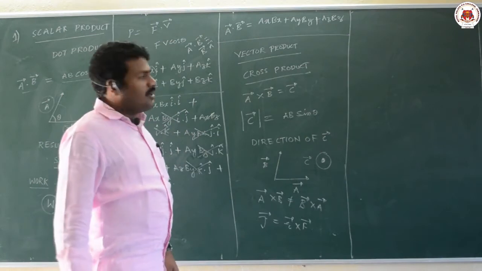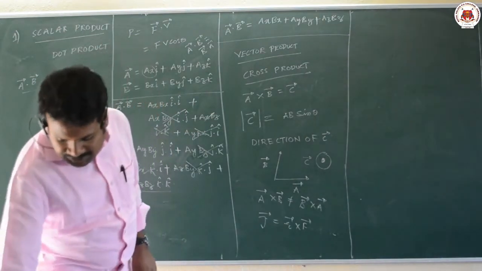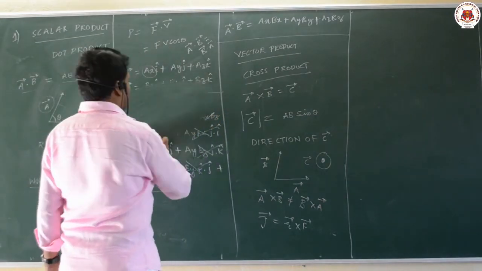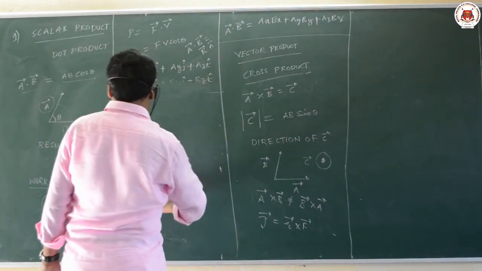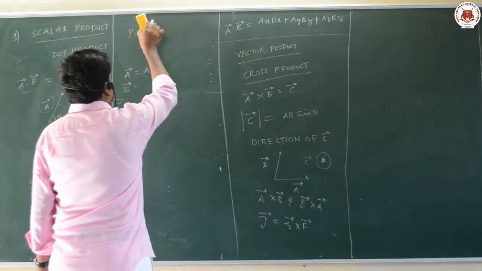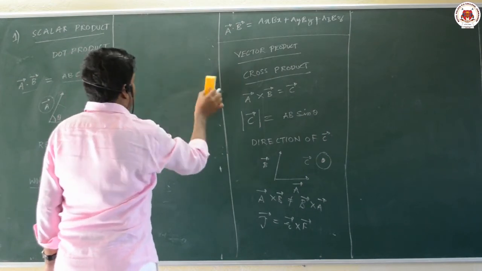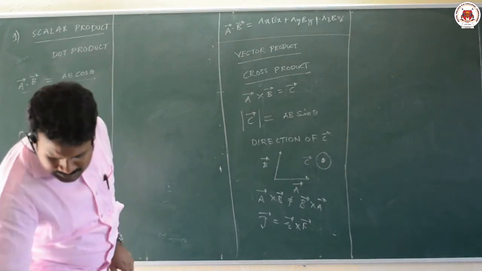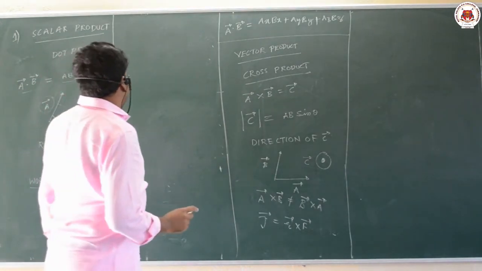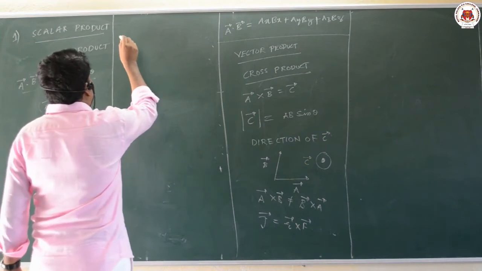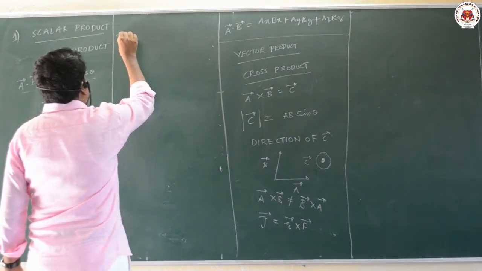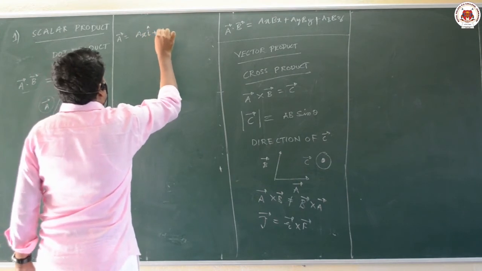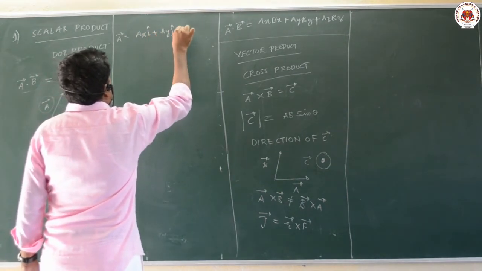Okay. And how to find cross product of position vectors? Suppose you take a bar is equal to ax i cap plus ay j cap plus az k cap.